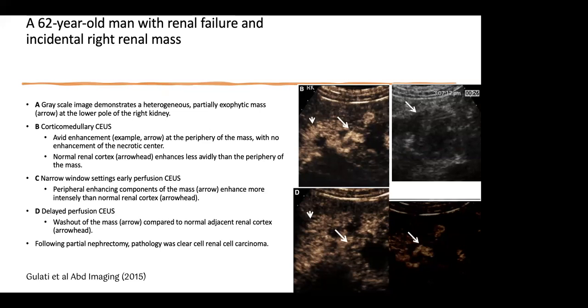So we expect the contrast uptake in the lesion to be more versus the normal renal parenchyma, and in delayed phases, which is near where we expect to see the excretory phase in cross-sectional imaging, which is not the case in ultrasound contrast, we see that the contrast has gone through the lesion while it is still present in the normal renal parenchyma.